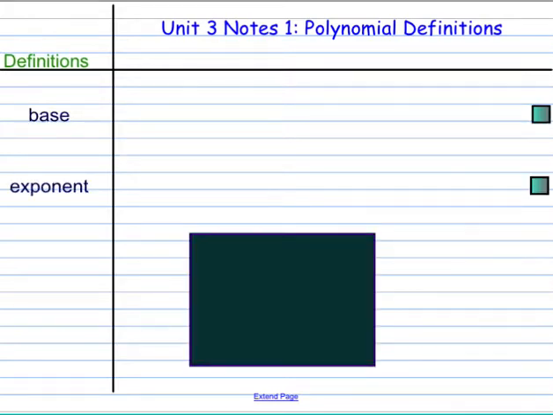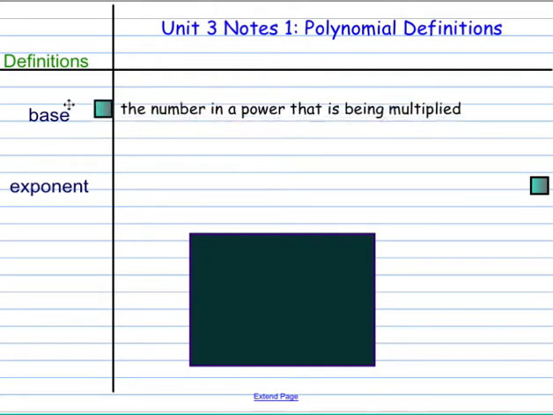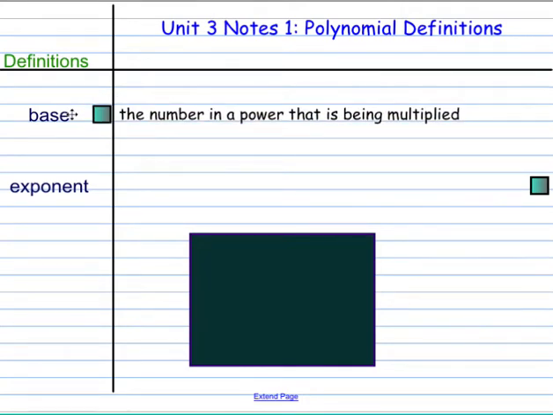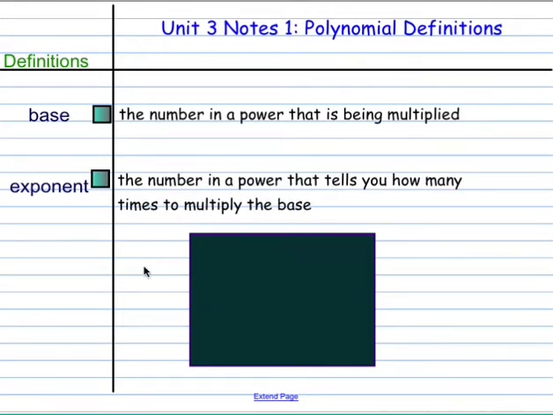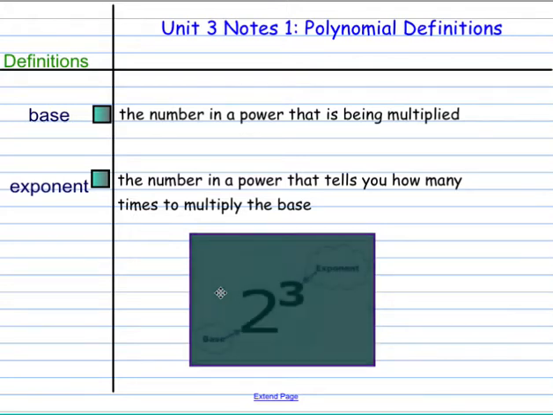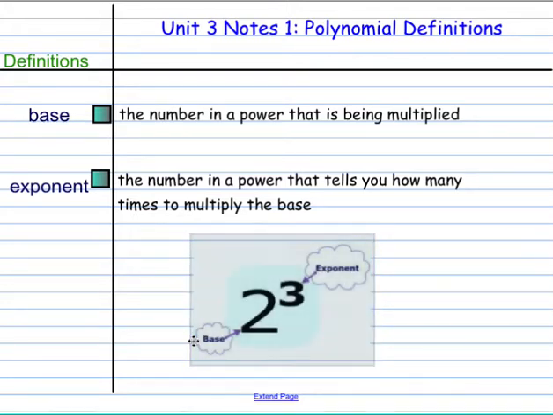Next, let's take a look at base. What is a base? A base is the number in a power that is being multiplied. The exponent is the power that tells you how many times to multiply that base. So here's an example. If we have 2 to the third, our base is the 2 and the 3 is our exponent.